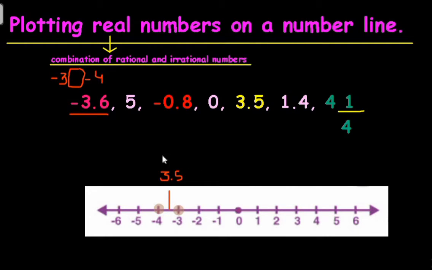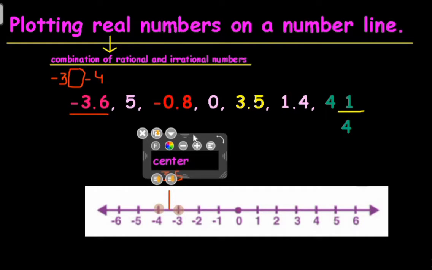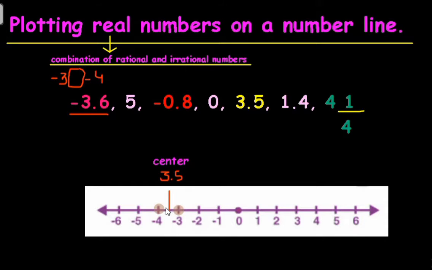So minus 3.6 would be lying somewhere after minus 3.5 and before minus 4, because 3.5 is the center. So whenever you are plotting the numbers, you need to first of all identify the center between those 2 points. After identifying the center, you can see whether 3.6 will be nearer to minus 3 or minus 4. So with just an estimation, you have to mark where minus 3.6 will fall.